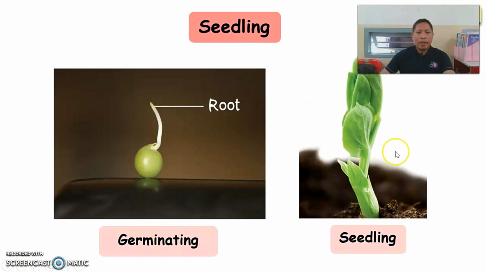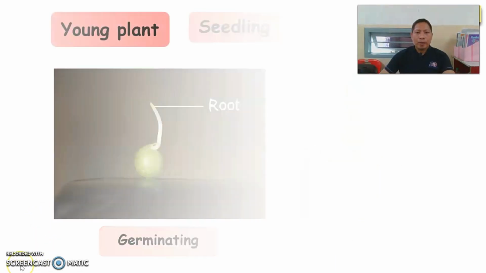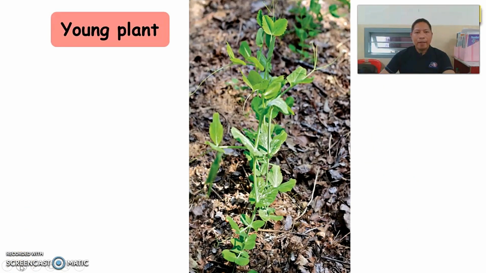It germinates and it becomes a seedling. After a few weeks, it will become a young plant. This young plant has a stem and leaves. This stem is very young at this time.